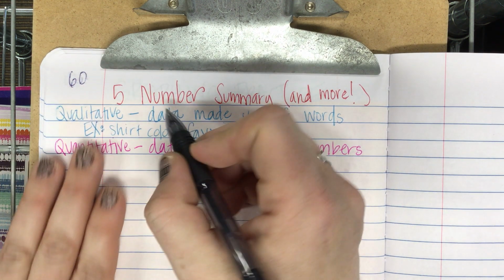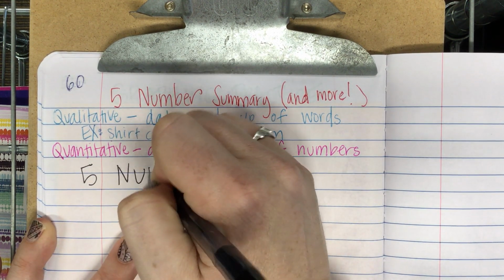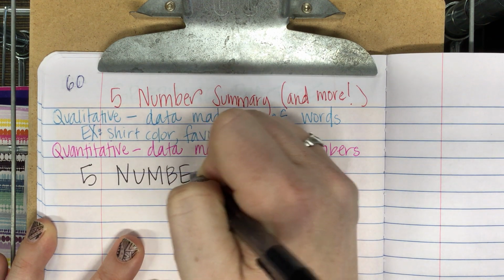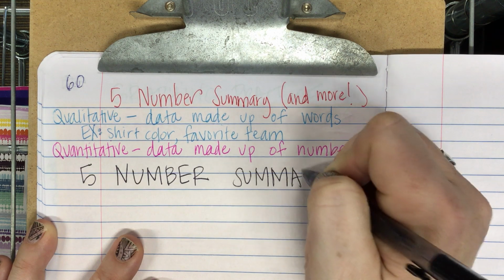So, these are our types of data. We're going to talk about the 5 number summary, which is a review, hopefully.